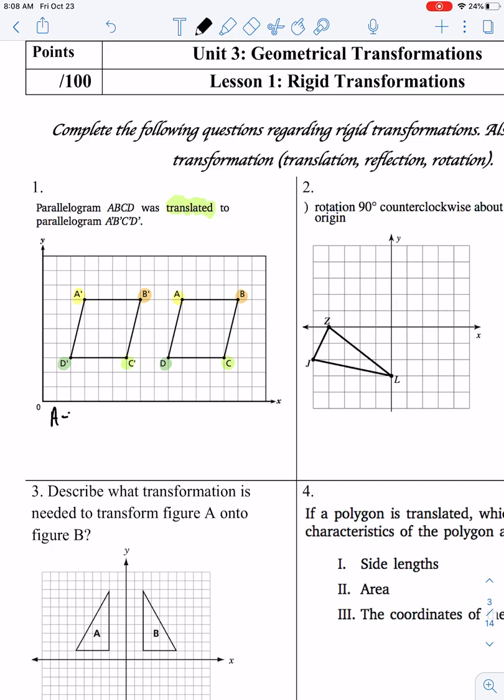So A to A prime. What you do here is actually just plot points, okay? So 1, 2, 3, 4, 5, 6, 7, 8, 9, 10. Then 1, 2, 3, 4, 5, 6, 7. So I went from (10, 7) to 1, 2, 3.